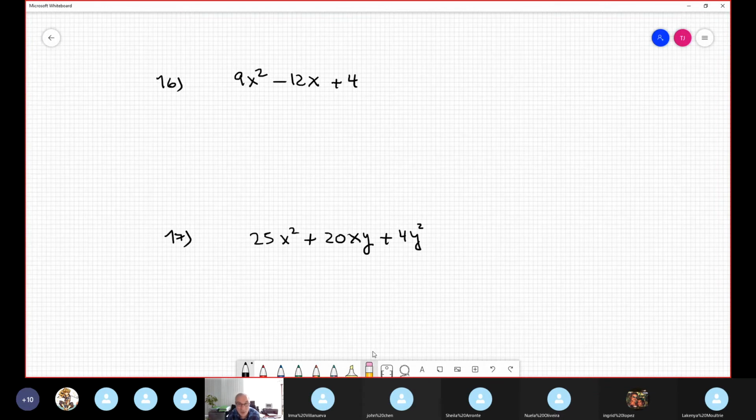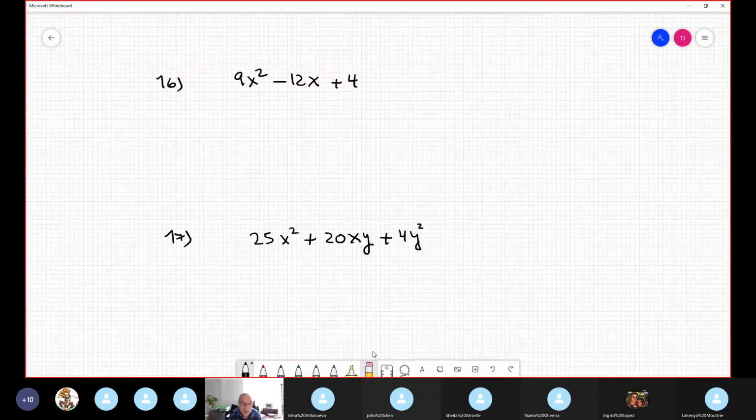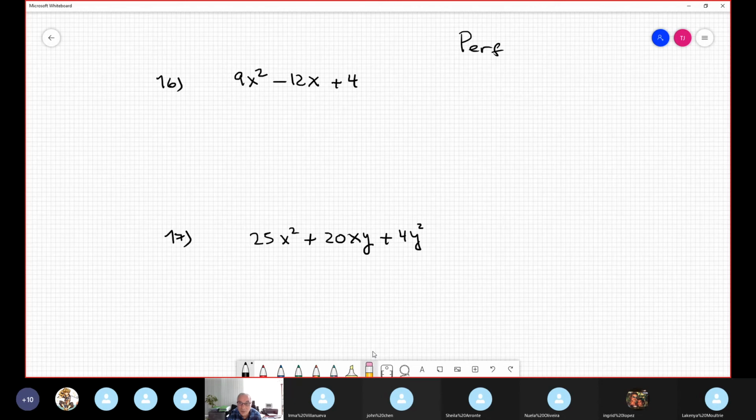However, if you realize that this is a perfect square trinomial, wow, it's super easy. And what is the test to prove that it is a perfect square trinomial?